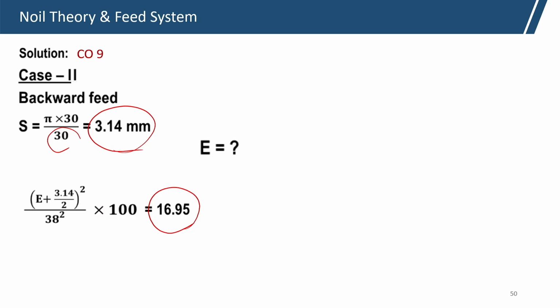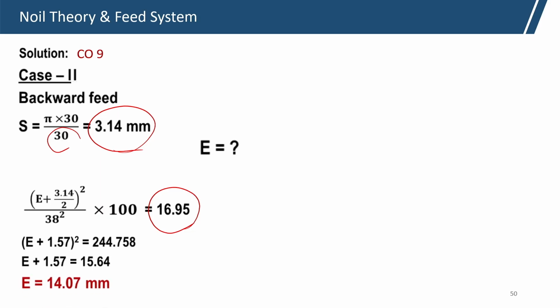So, (E plus 3.14) by 2 square divided by 38 square, the maximum fiber length is 38. So, after solving this equation, we get E value is 14.07, which is the answer.